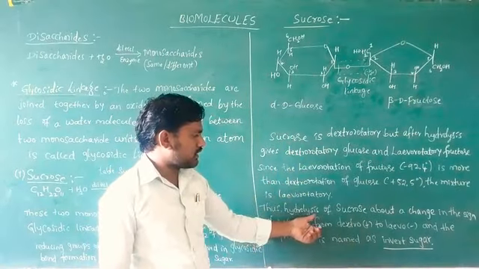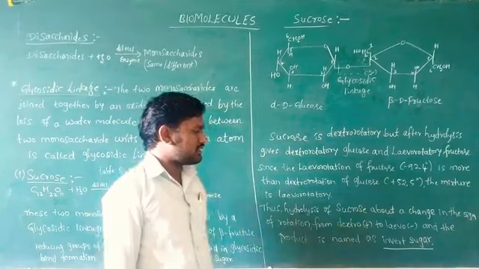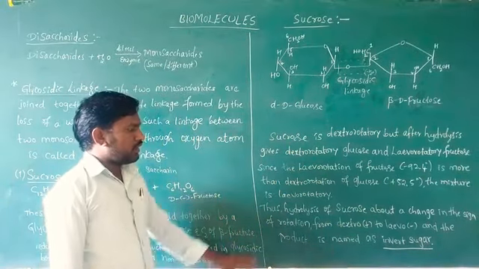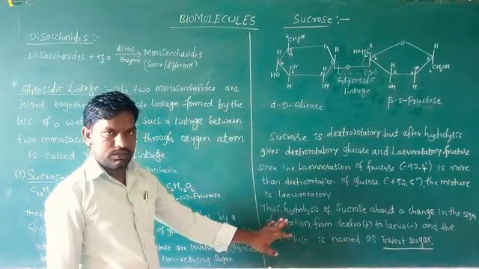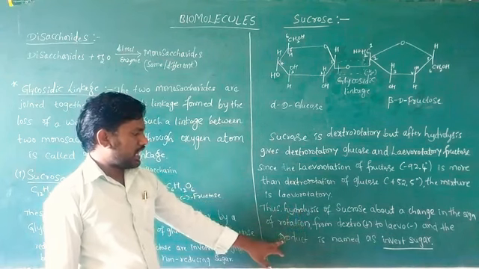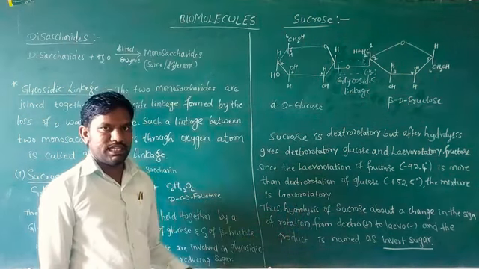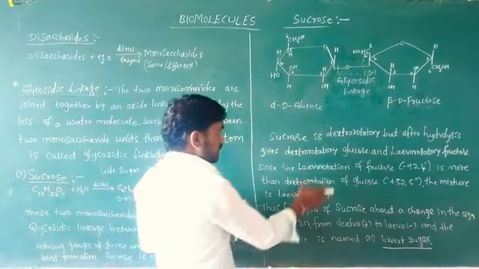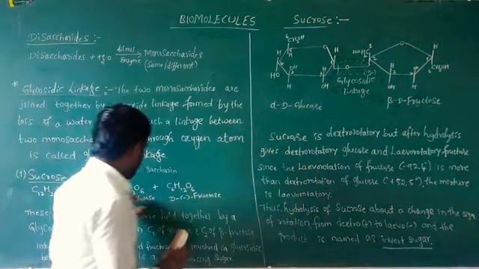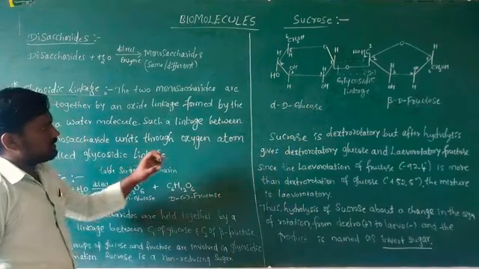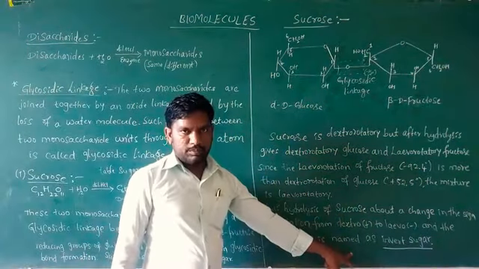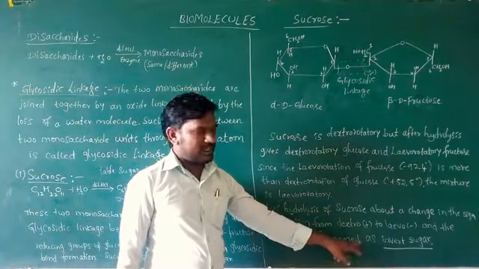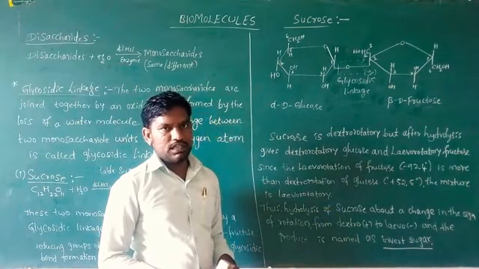Thus, hydrolysis of sucrose brings about a change in the sign of rotation from dextro plus to levo minus, and the product is named invert sugar. Invert means the rotation changes from dextro to levo, so sucrose is also called invert sugar.